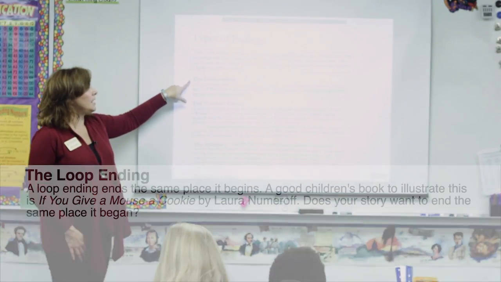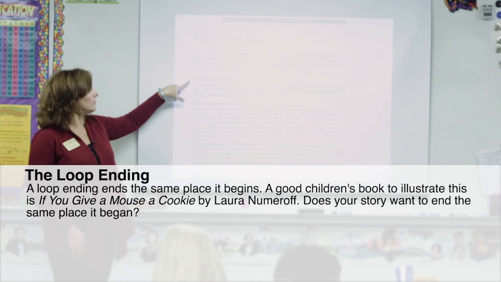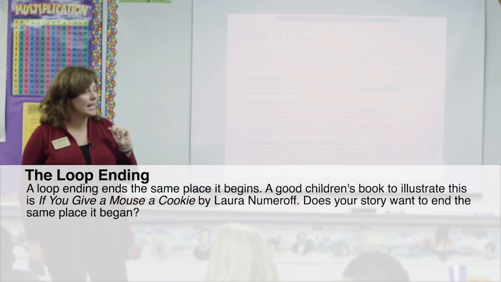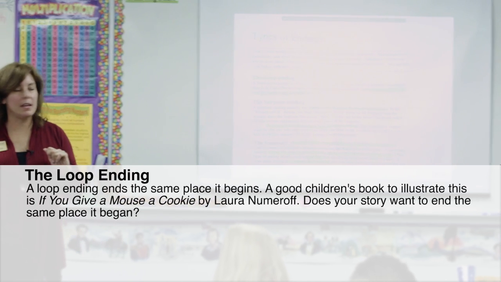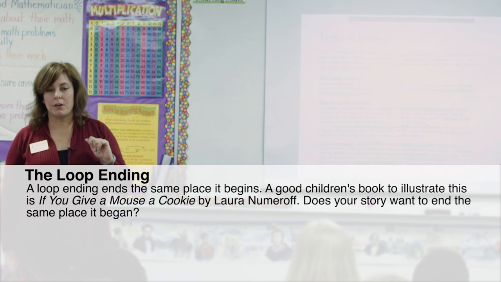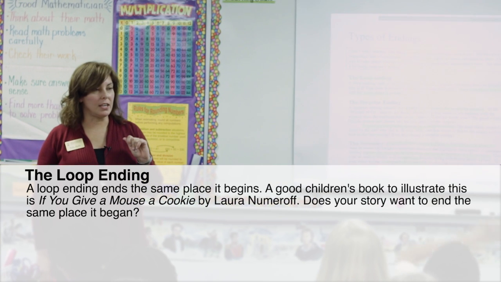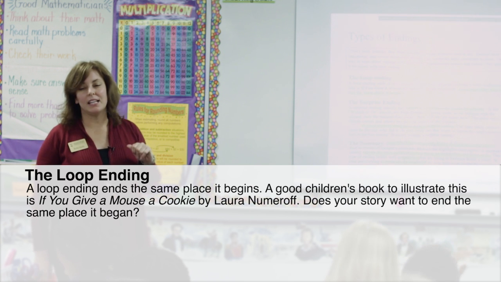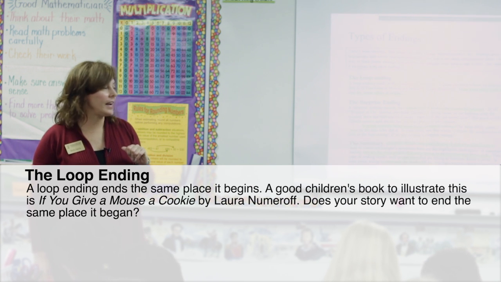The first one is called the loop ending. The loop ending ends at the same place that a story begins. Who's ever read If You Give a Mouse a Cookie? Okay, put your hands down. That's a really fun first, second grade type book.